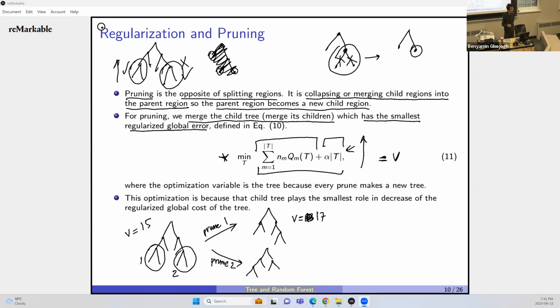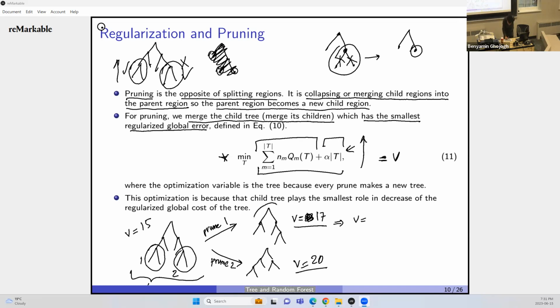This is an example. Assume the global error was 15 before. Because of prune 2, for example, this becomes 20. If we remove the larger value, wouldn't the average go down? No, let me explain until the end, and I think it will be obvious. So assume the global error before pruning is 15. After prune 1 it becomes 17. After prune 2 it becomes 20. What does it mean?